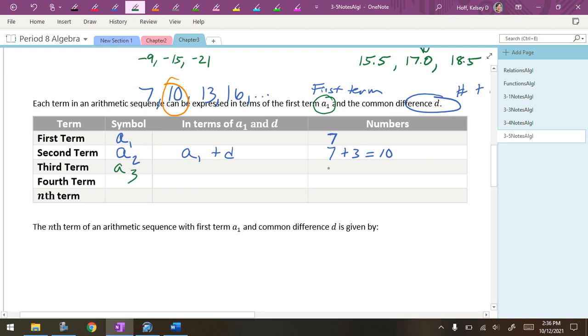Jackson. 7 plus 3 times 3? Like this? What are you guys' thoughts? Is he correct? 7 plus 3 times 2. Order of operations, what would I do first? Multiply. 3 times 2 plus 7 is spot on.